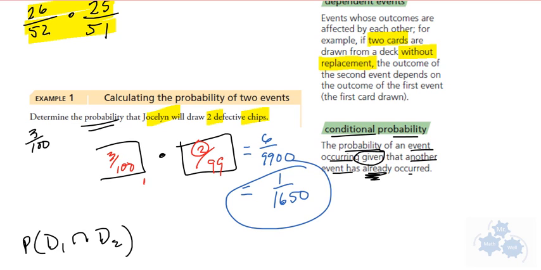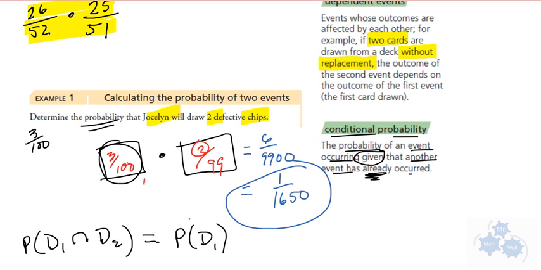So we're going to do fundamental counting principle like I just did here. We're also going to do tree diagrams, but I want to show you the formulas, okay? Because really this, what we just did here, this fundamental counting principle sort of idea, is the first formula. So we wanted to find out the probability of drawing 2 defective chips. And what we did is we took the probability of pulling the first defective chip, right?